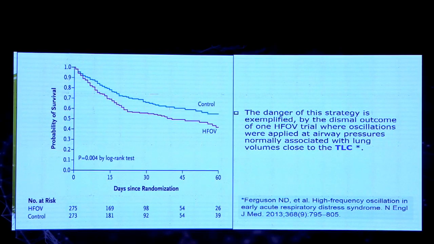Even with high frequency, in one study when they used too high mean airway pressure to overcome all atelectasis, this study resulted in poor outcome with more mortality in high frequency oscillatory ventilation.